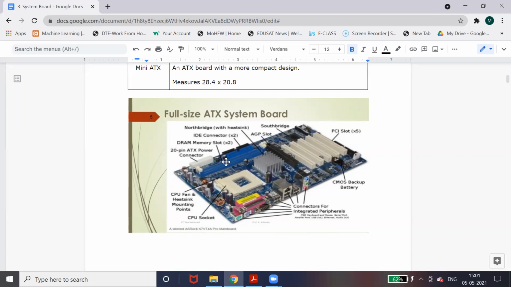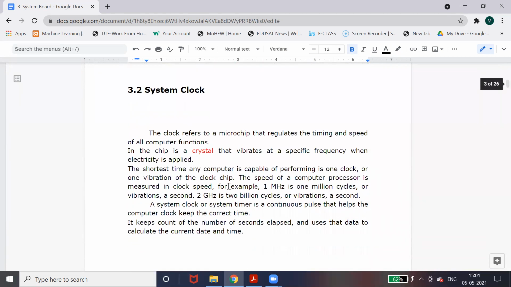Then the DRAM memory slot. We will study RAM as having two types, SRAM and DRAM: SRAM is static RAM and DRAM is dynamic RAM. This is a memory slot and the 20 pin ATX power connector. We have just seen that ATX has a 20 pin connector, which means there will be 20 pin slots for connecting to the power supply, SMPS.